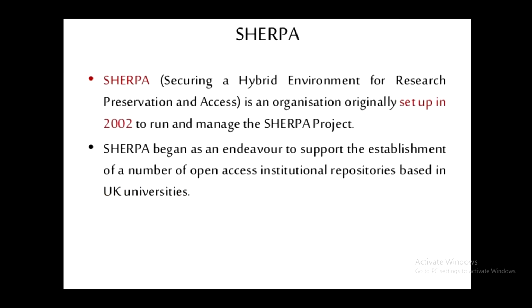Sherpa. The full form of Sherpa is Securing a Hybrid Environment for Research, Preservation and Access. It is an organization originally set up in 2002 to run and manage the Sherpa project. Sherpa began as an endeavor to support the establishment of open access institutional repositories based in UK, that is United Kingdom, universities.